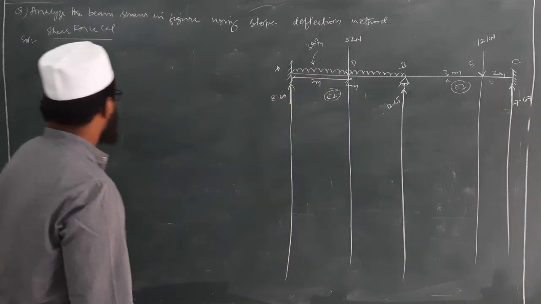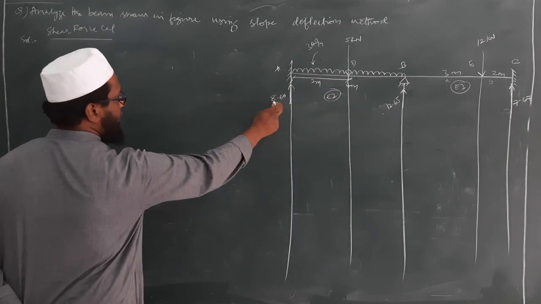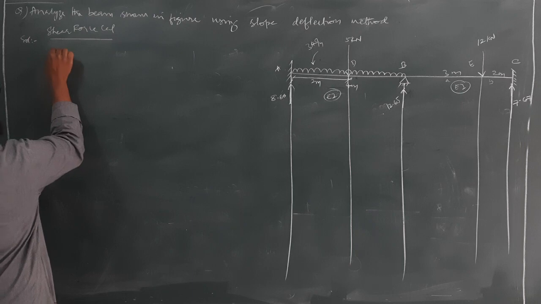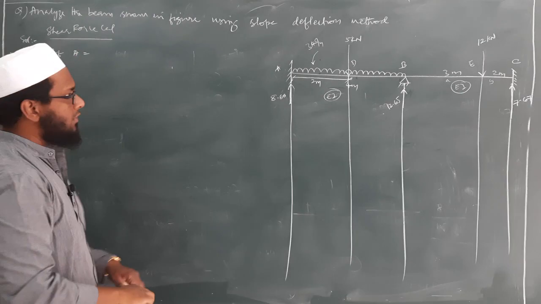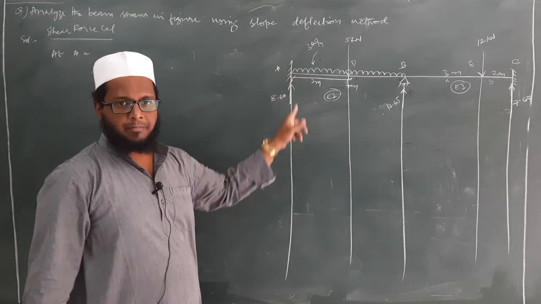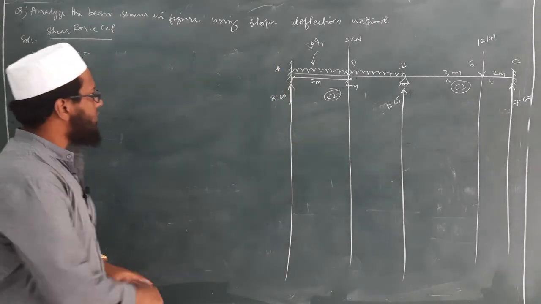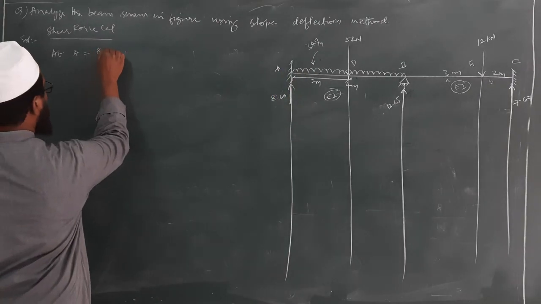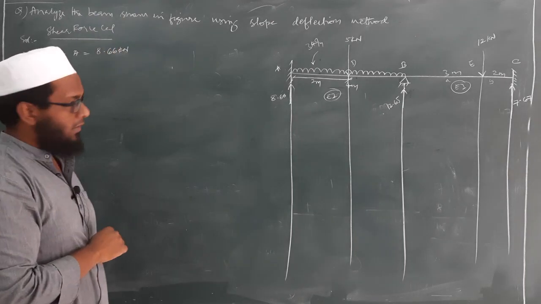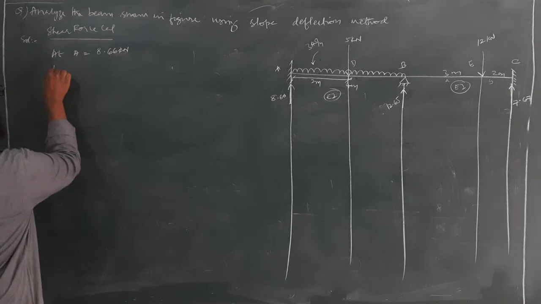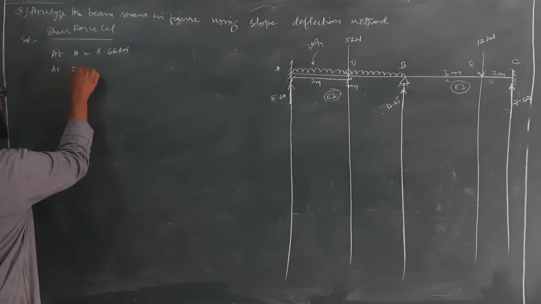Okay. So we'll start from RA. So at A, what is the value? RA is going in upward direction. So it will be 8.66 kilonewton.